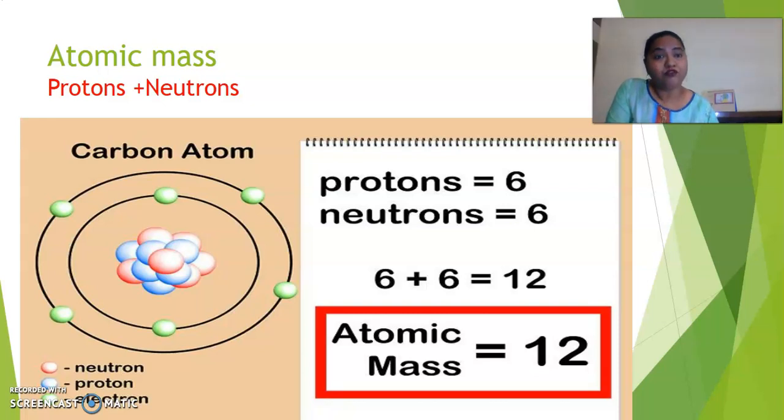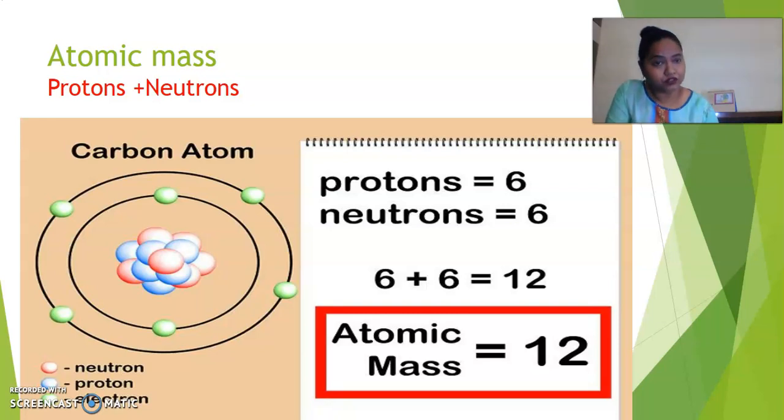So, to find out the atomic mass, we will add the total number of protons with the total number of neutrons. Here we are adding 6 plus 6 and we find that the atomic mass of a carbon atom is 12.